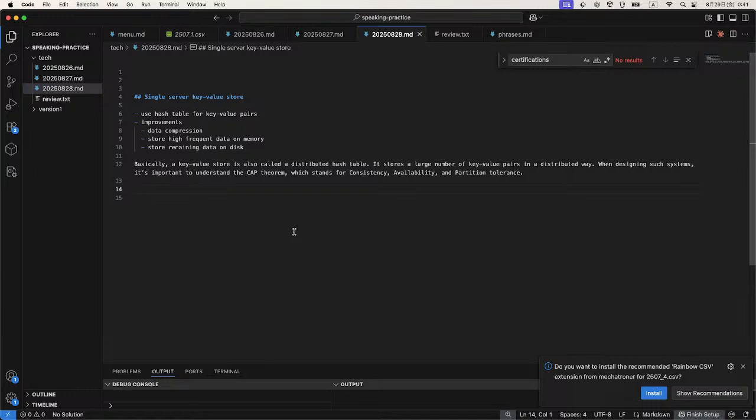For example, a bank system requires high consistency, so we should choose the CP system.